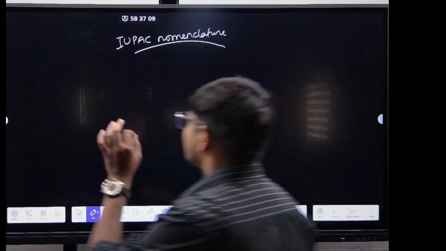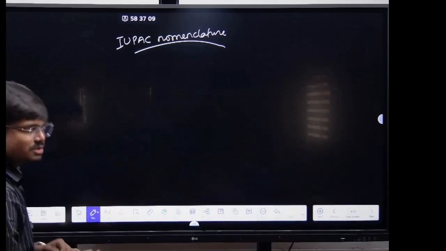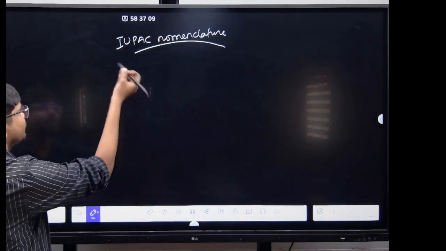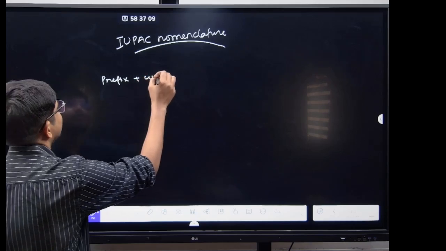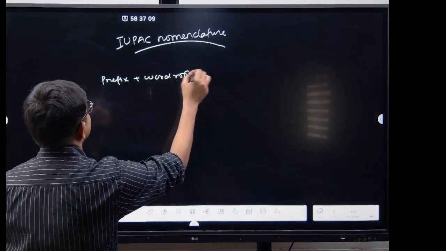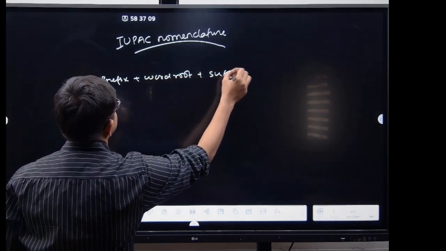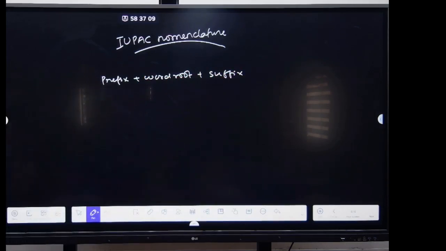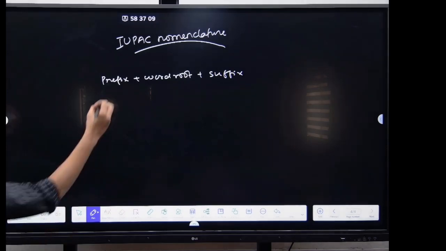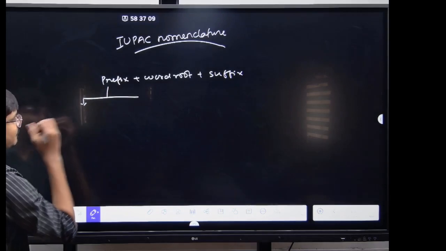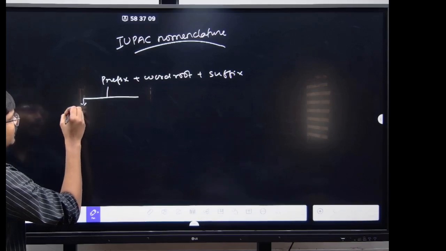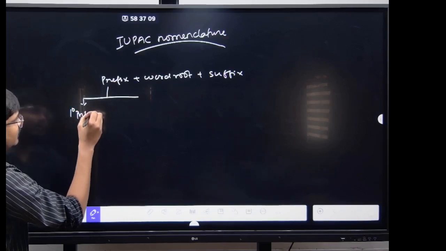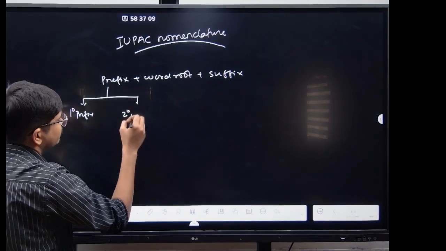So see here. How to write the IUPAC nomenclature? The first thing you have to write is the prefix, then you have the word root, and then you will have the suffix. Got it? So prefix, word root, and then suffix. The prefix will have 1 degree prefix and 2 degree prefix.